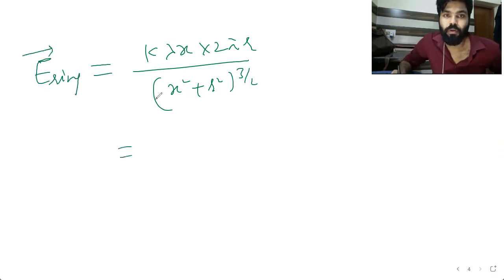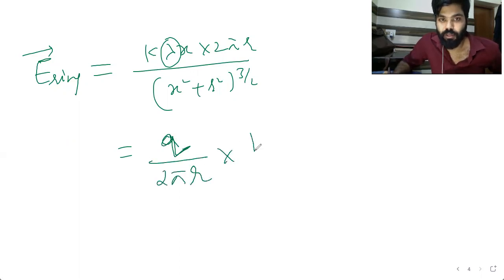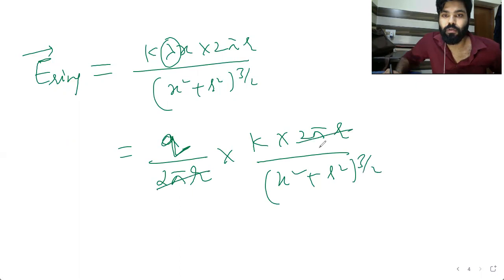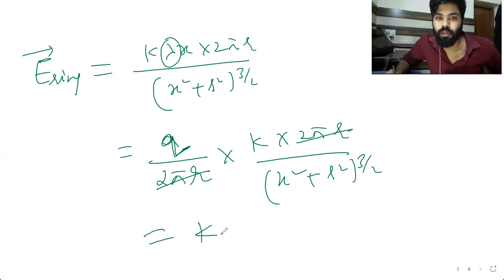And you can also find the value of lambda, which is q over 2πr, total charge over total length, times k times 2πr over x square plus r square whole raised to 3 by 2. 2πr and 2πr will cancel out, and you will be left with only kq.